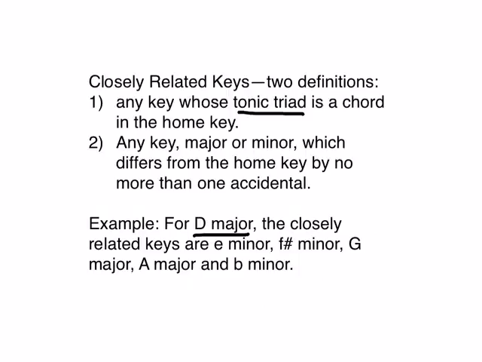So what happens in a minor key? The closely related keys to D minor, think about the keys that would differ by no more than 1 accidental to a key signature of 1 flat. So that would include F major, G minor.